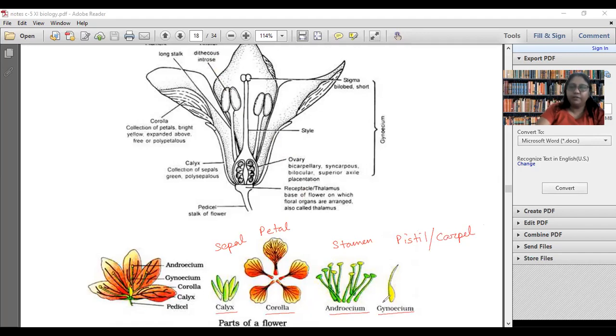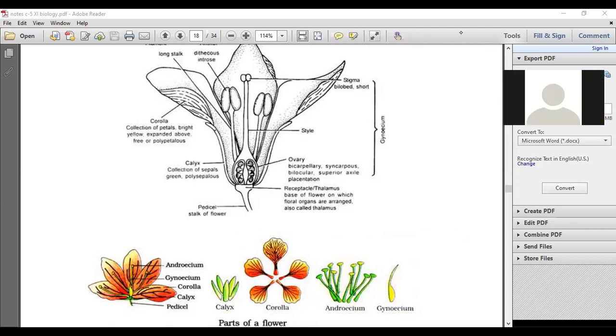It is required, beta, because in a flower only one sepal is not there. There are many sepals. So collection of sepal is known as calyx. Collection of petal is known as corolla. For stamen, if it is more than one, we call androecium and gynoecium. Is this part clear to everyone?